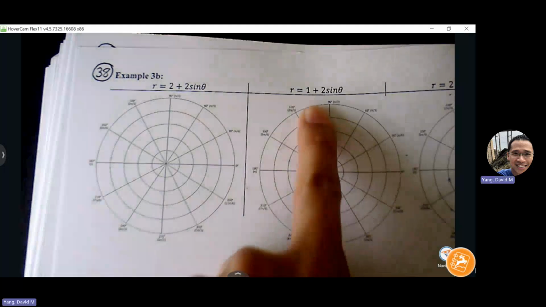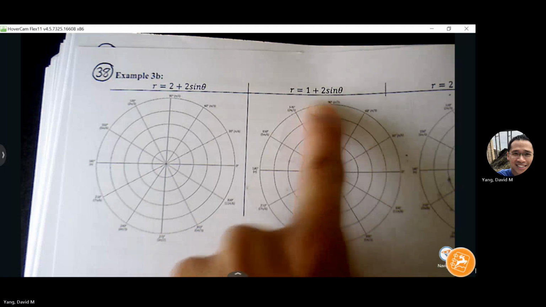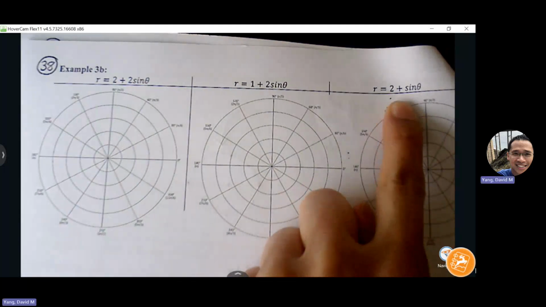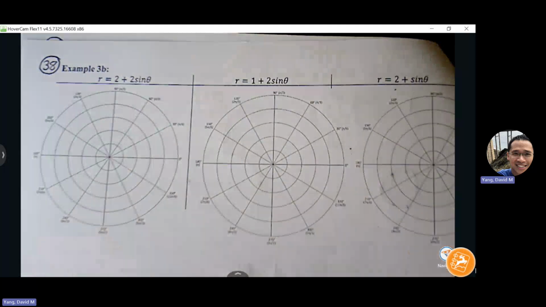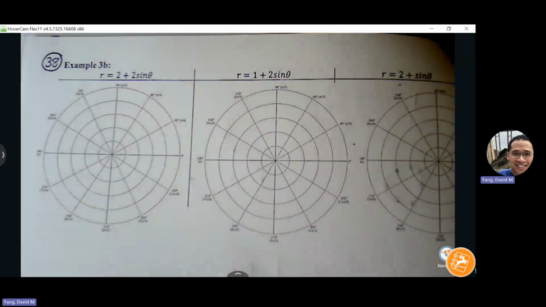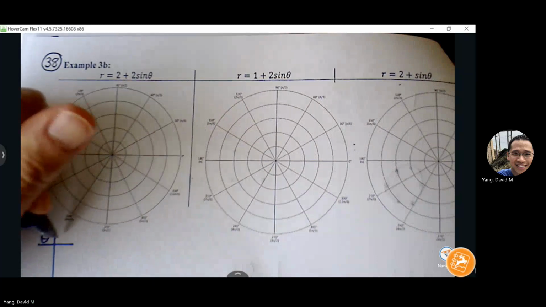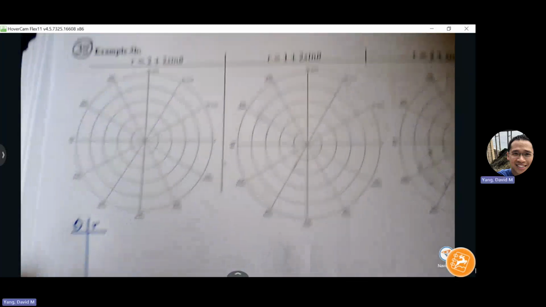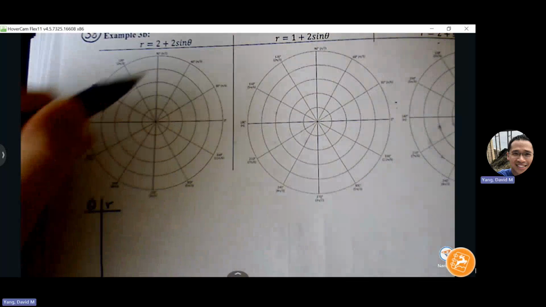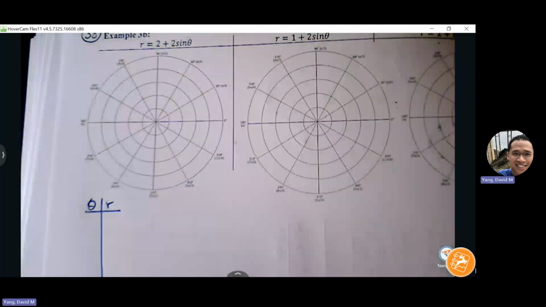Same thing here. This is going to be a limaçon with an inner loop. And here, this is going to be a dimpled limaçon, but it's just going to be symmetric about the y-axis. So we just start off by picking out some easy values, enough for you to have an idea how the graph's going to look. But you can also use your calculator as well.